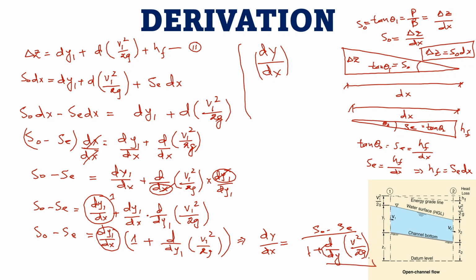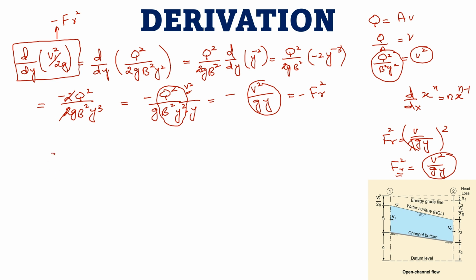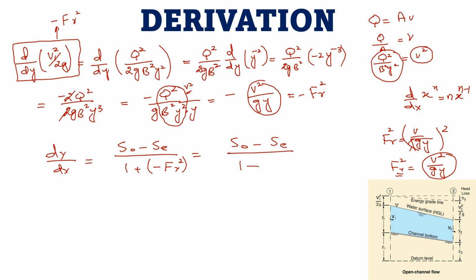So we can simply say that dy by dx is equal to S naught minus SE over 1 plus, and in place of that section, we will write Fr square. If we further simplify this, this will be 1 minus Fr square.